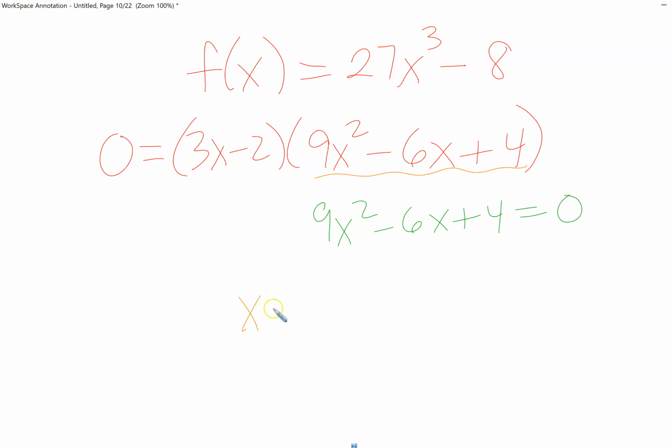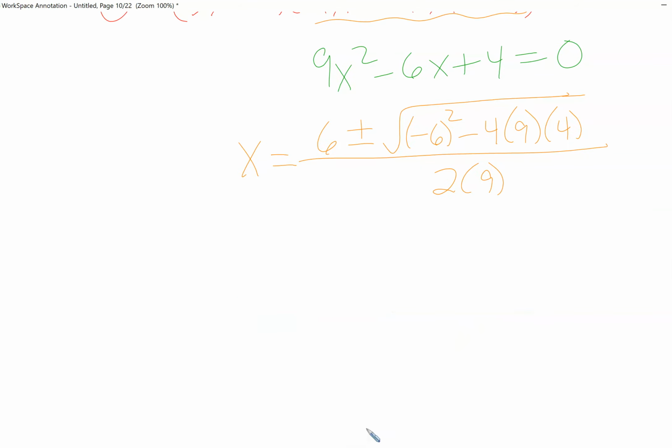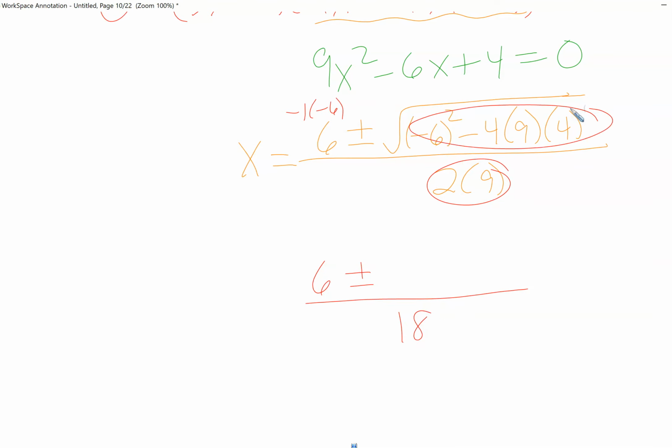So I'm going to get x equals 6 plus or minus the square root of negative 6 squared minus 4 times a, which is 9, times c, which is 4, all over 2 times a, which is 9. So the math without a calculator for this, which came from negative 1 times negative 6, which I simplified in this, is pretty straightforward. You'll be able to do that, no problem. This, it's easiest if you remember that that's going to be the square root of a negative 3 times whatever your quantity squared gives you, like so.